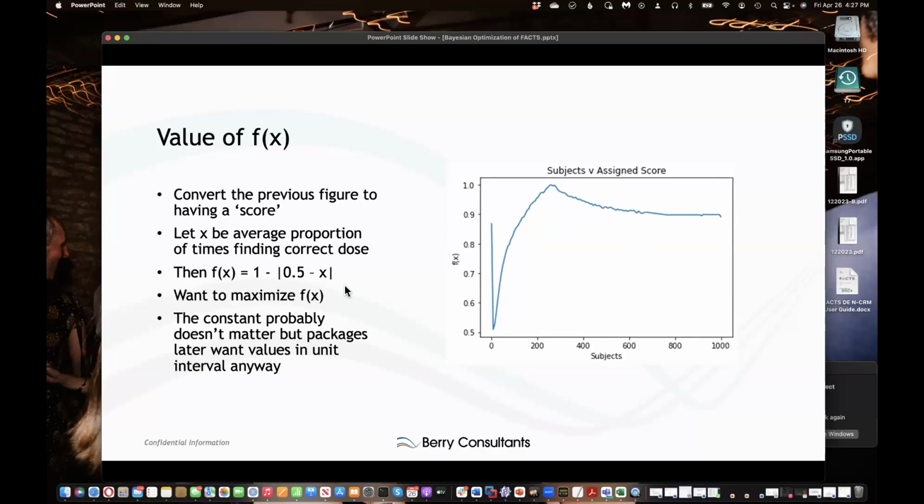Obviously, we could scale that differently, but it would just be a linear difference. It wouldn't make any appreciable difference. And some of these packages are going to want the function score to lie in the range 0 to 1 anyway.